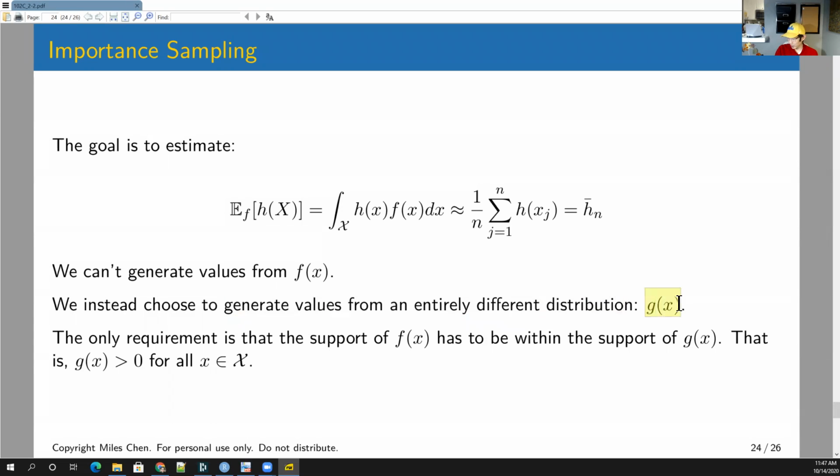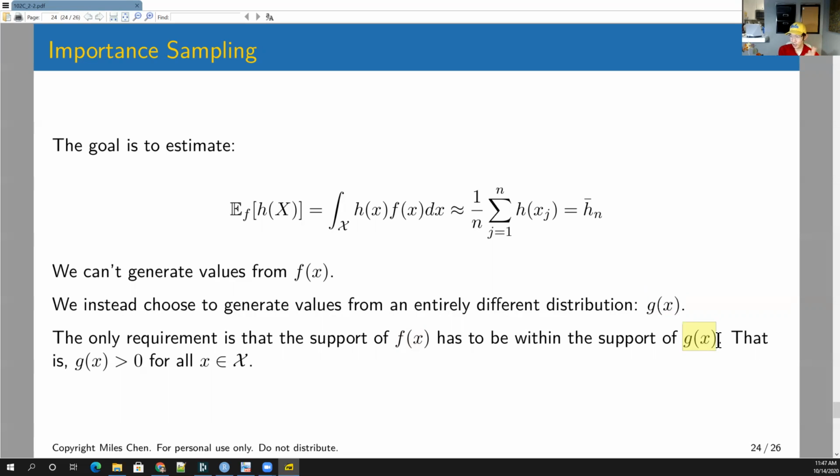The only requirement for this function g of x, this PDF, is that the support of f of x has to be fully contained in the support of g of x. So if f of x is defined on the interval 0 to infinity, then g of x needs to contain 0 to infinity.